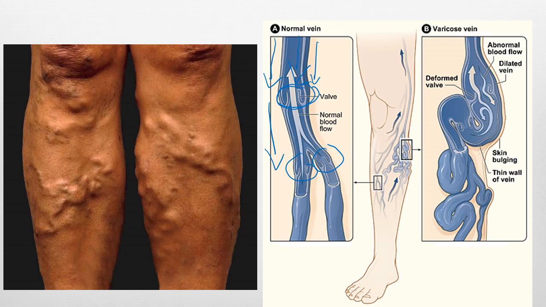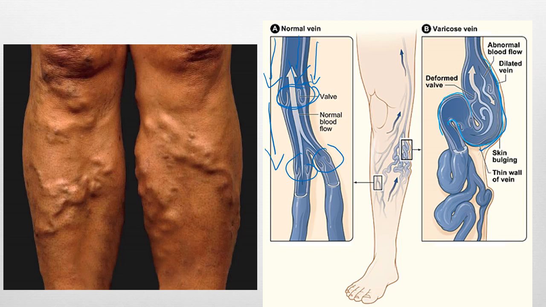And then they can start to fail. When that backup starts to occur, that damages the walls of the vessel. As the walls of the vessel become damaged, they start to bulge out, and that's where we get the varicosities. They start to twist and turn, and the blood starts to pool even more in those vessels.